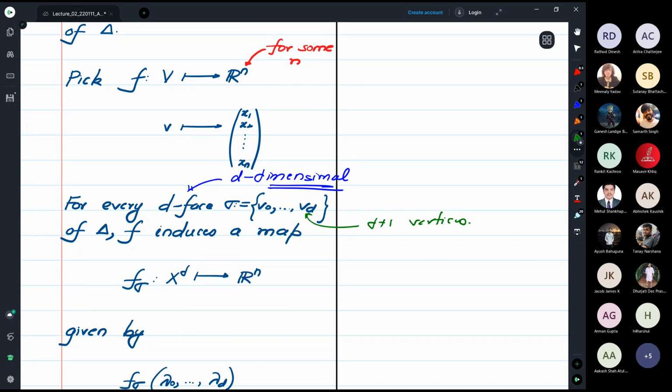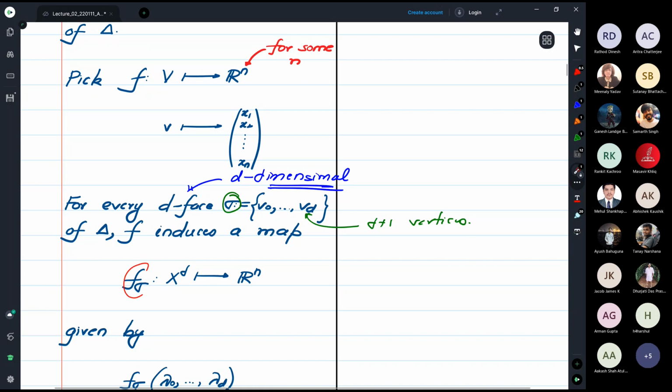For every d-dimensional face, this function induces the following function f sub sigma. Notice that I have used this notation f to denote that this is induced by this function f itself, and there is also a subscript sigma to indicate that this function is associated with this d-face sigma.